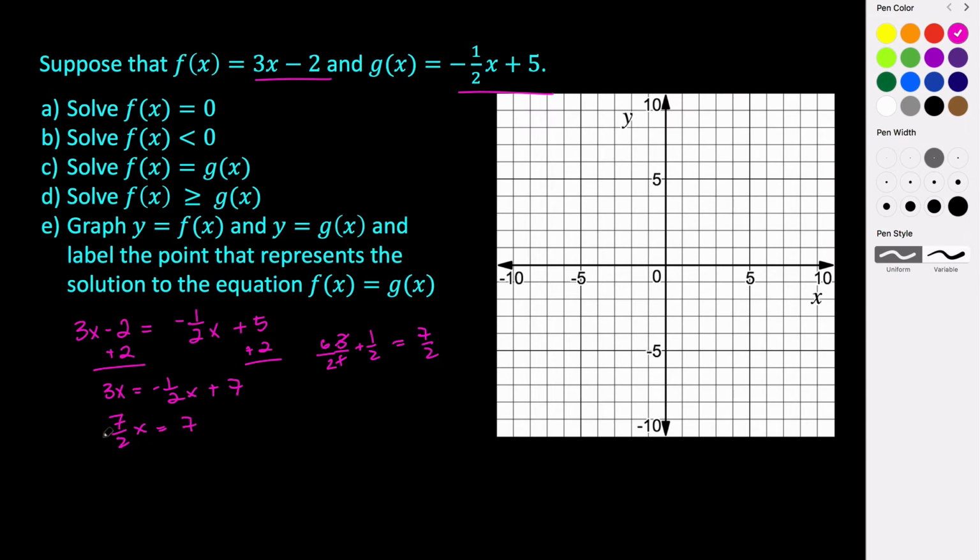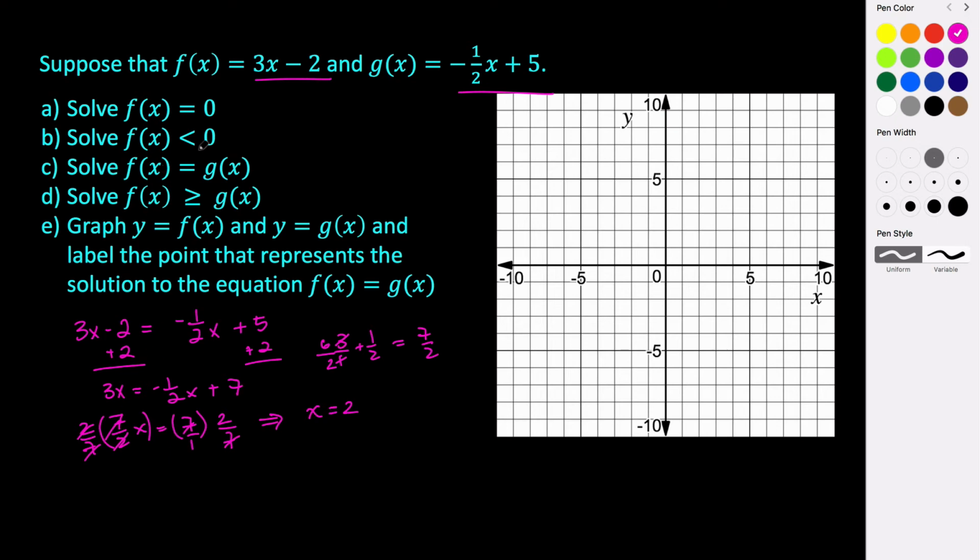And then multiply both sides by 2 over 7 so that we can get that to cancel. So 2 over 7. And these reduce, and from this we get that x equals 2. So we know that when x equals 2, these two values will be the same.